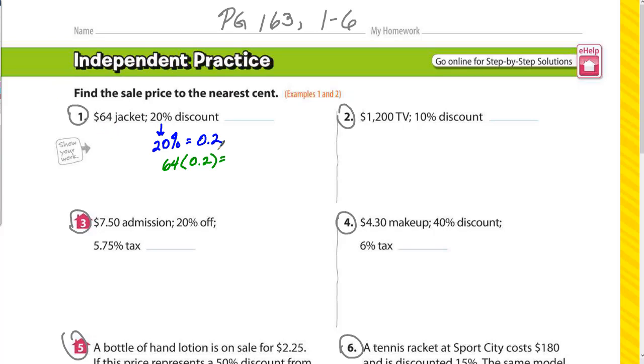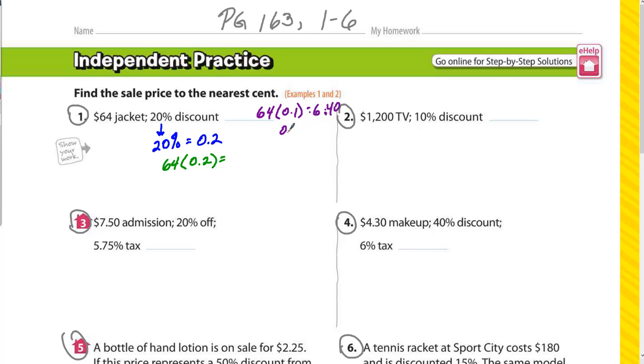So 64 times 20%. This is one where if I were doing this in my head, I would think 64 times 10%. If I had 10% of 64, that would be $6.40, since this is money.